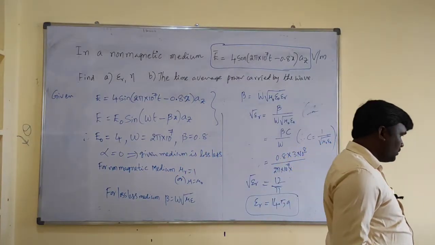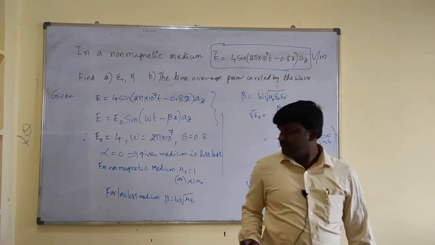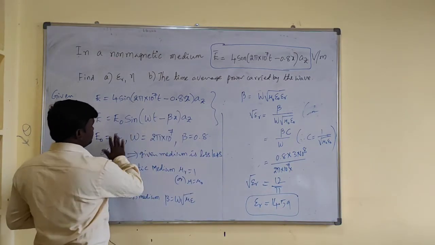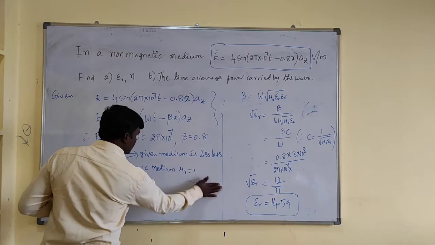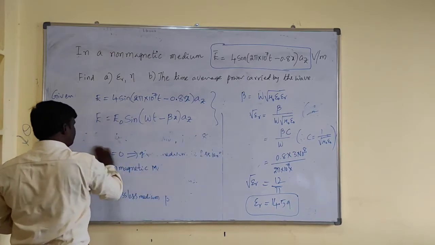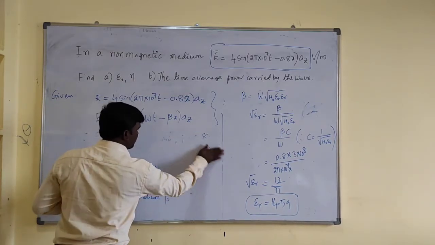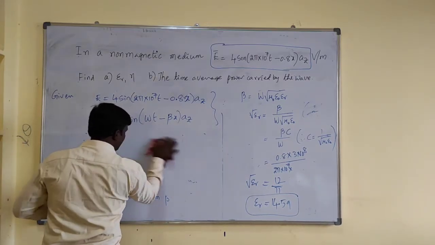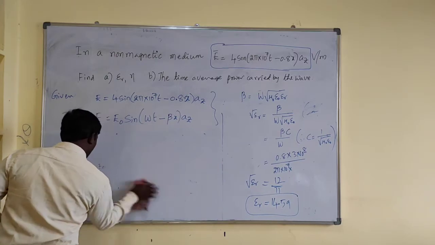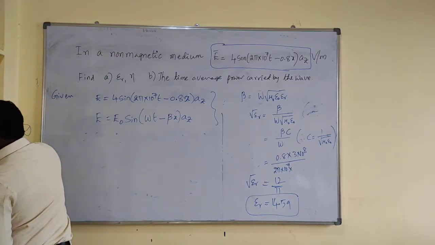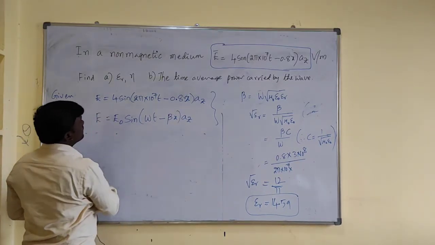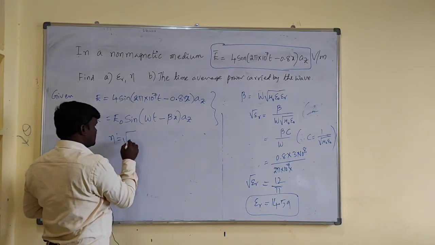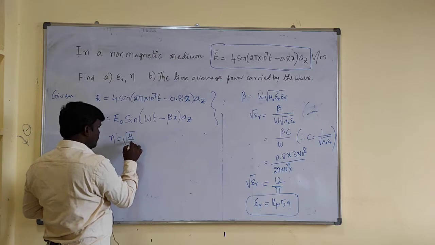Now we will move on to another parameter. Epsilon r is over, and eta, for a lossless medium, can be written as root mu by epsilon.